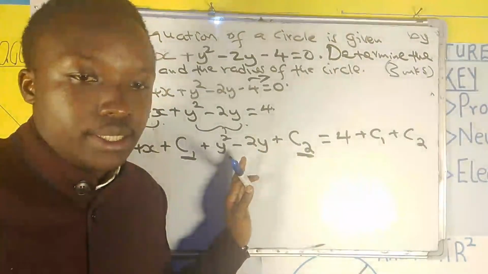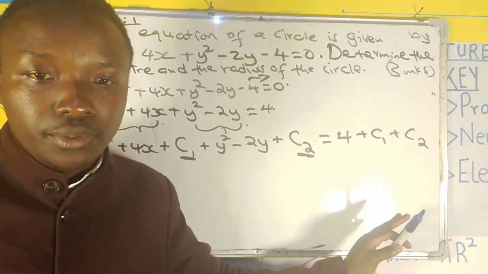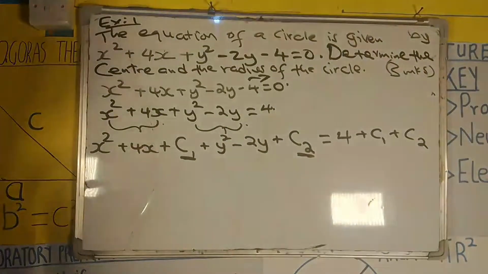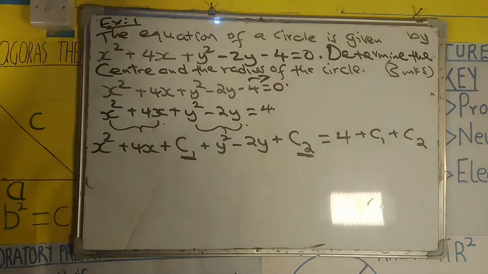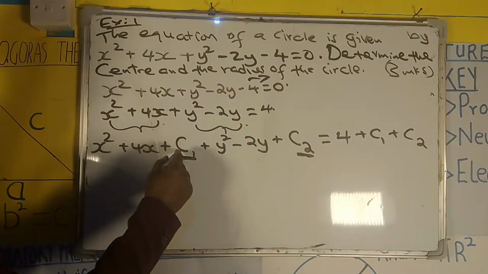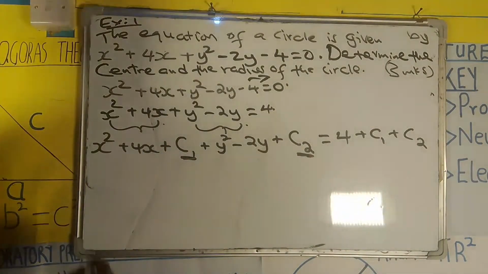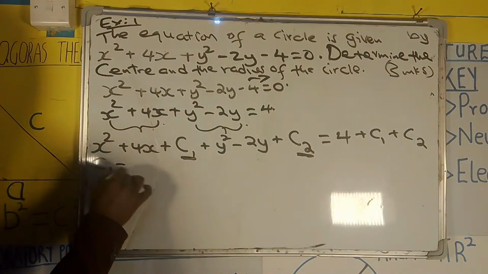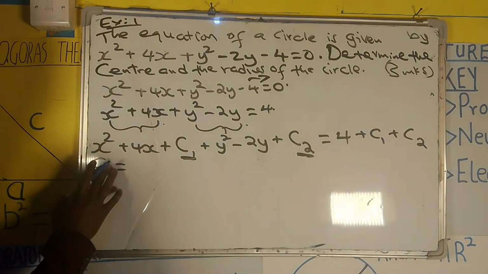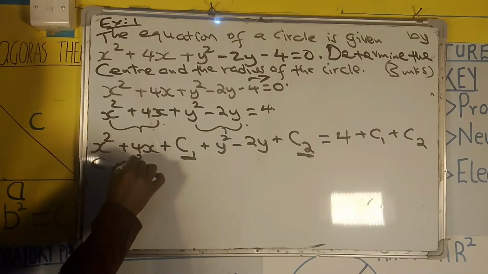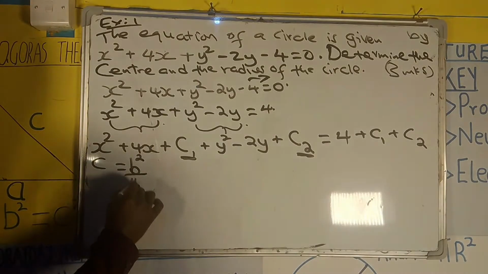We have C1 and C2 on this side, we have C1 and C2 on the other side. So what we are now going to do is solve for C1. How do we complete the square to get a constant? For us to complete a square to get a constant, we say C is equal to B squared over 4A.